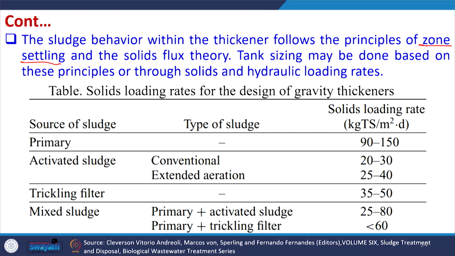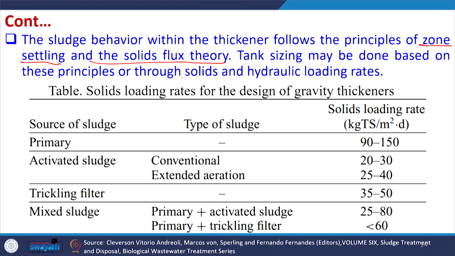This is zone settling, and here we have to apply the solid flux theory. You can refer to my lectures in another course on physico-chemical treatment of wastewater, where this zone settling is explained in detail. The tank sizing may be done based upon these principles or through solids and hydraulic loading rates.